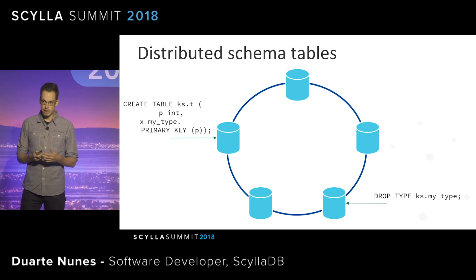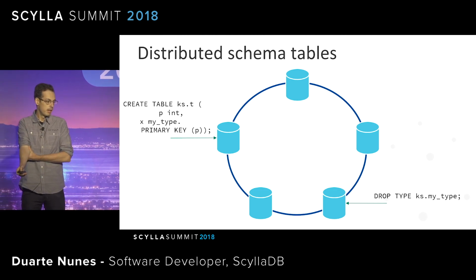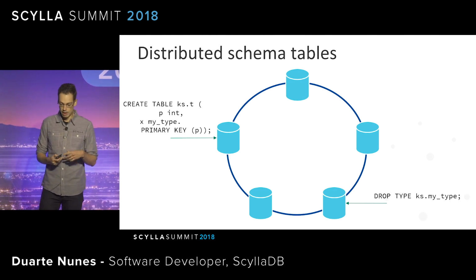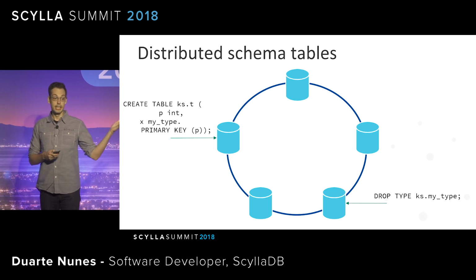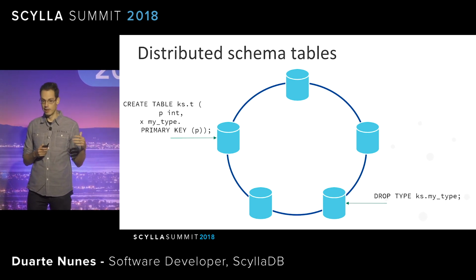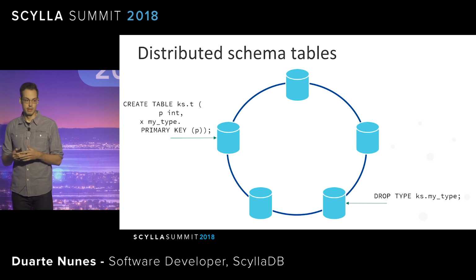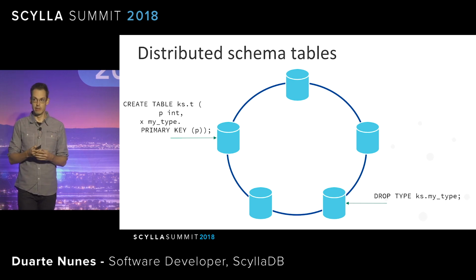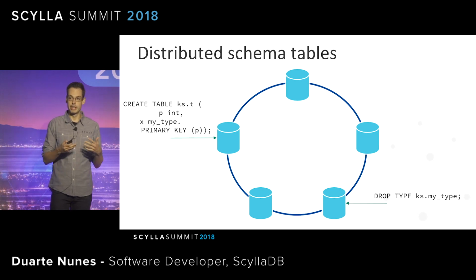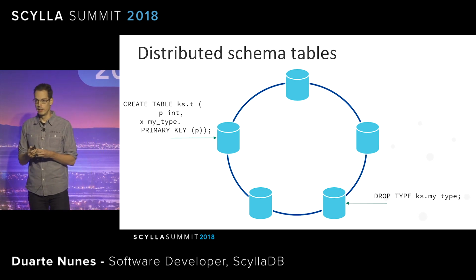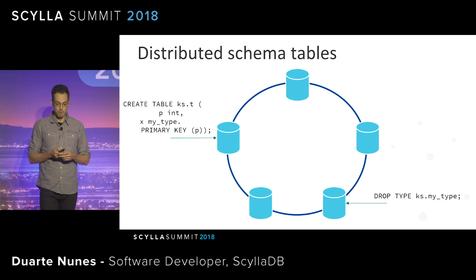In this example, we're trying to create a table using a particular user type, while at the same time trying to drop that user type. These operations will not be ordered and will lead to conflicts later on. One way to solve this is to have a distributed system table, where the key can be, for example, the keyspace.